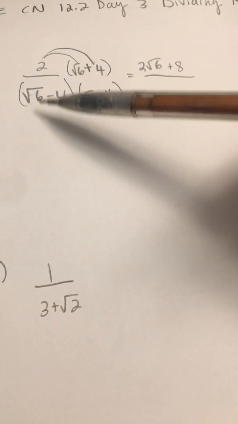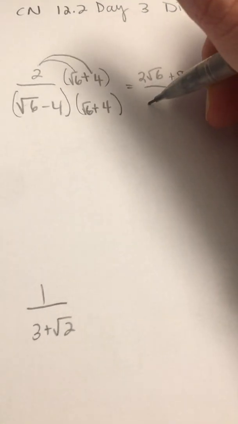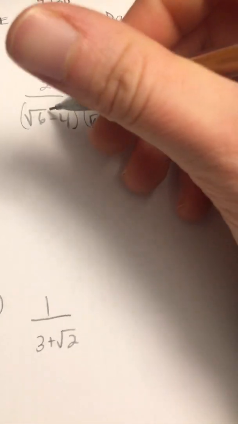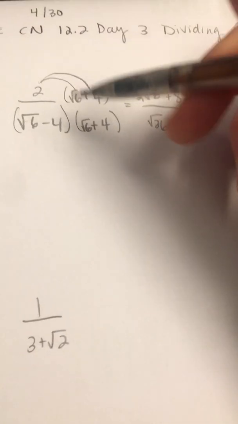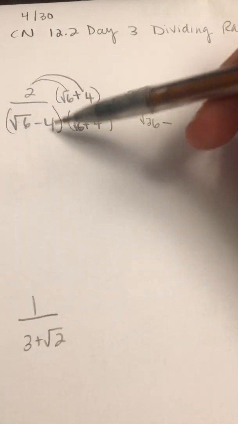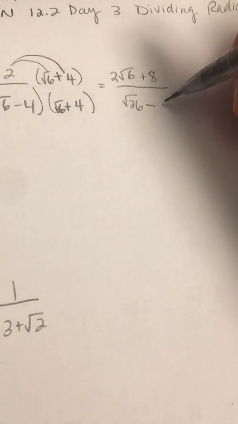So when I take the first and multiply, I get root 6 times root 6, which is root 36. Or again, if we square that, you know that the square and the root will go away, and that's going to become a 6. And then subtraction is in the middle of the pattern, and then we just square this, or 4 times 4, negative 4 times 4 is a negative 16.